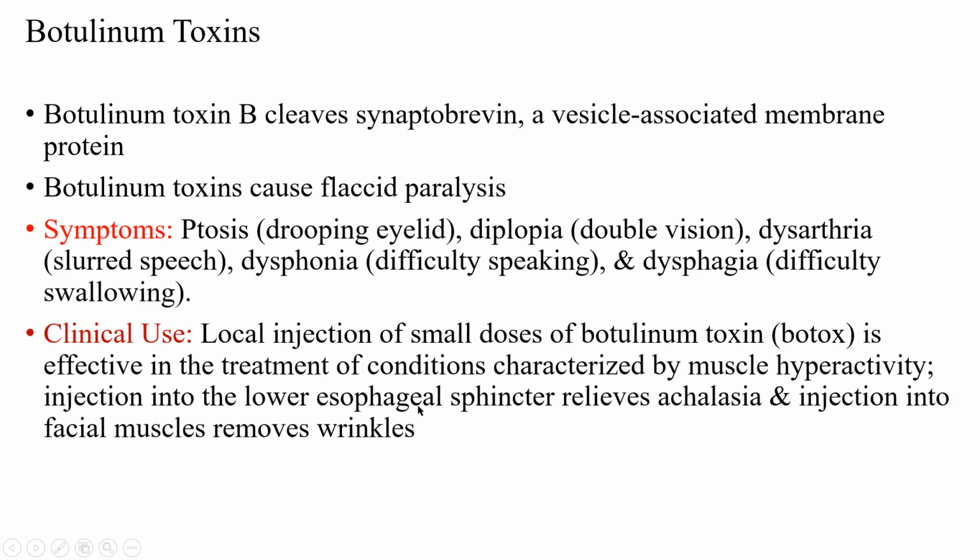And in the lower esophageal sphincter it relieves achalasia, when they are getting excessive contraction of the esophageal muscle. They are not getting relaxed, so that food can go, right? Otherwise it will cause a burning sensation. So the muscle is relieved by this, and to remove wrinkles it is injected into the muscles.